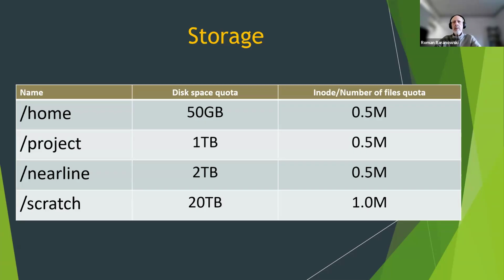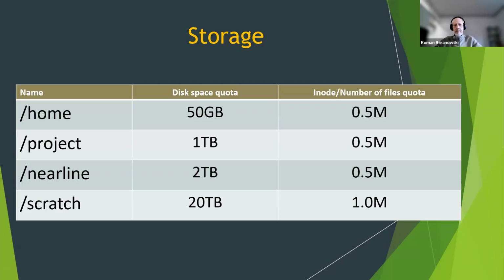That's only yours; only you have access to this data. This file system, called home and devoted to you, typically has a limited capacity, called quota. This quota is in terms of disk space as well as the number of files you can store there.